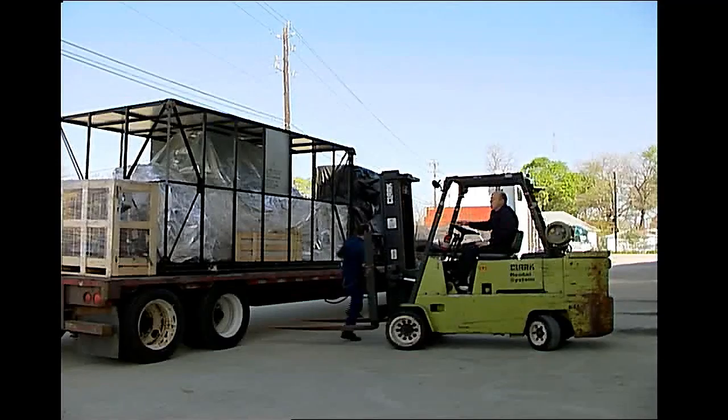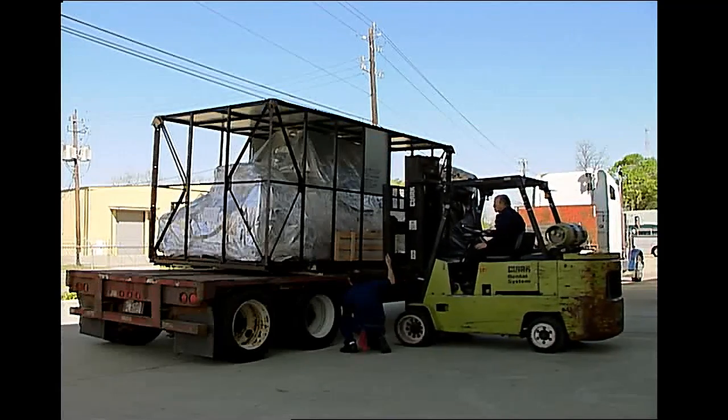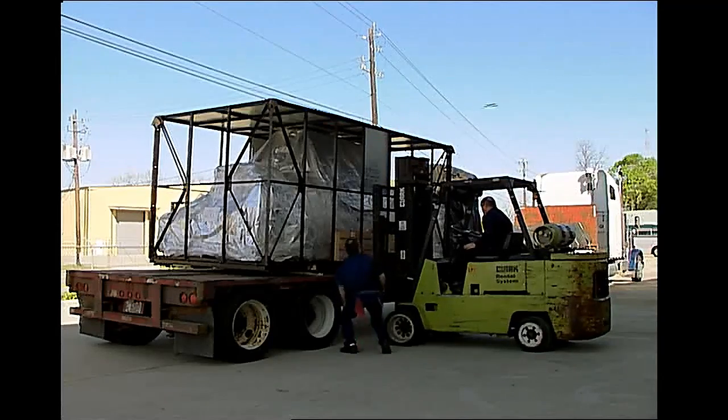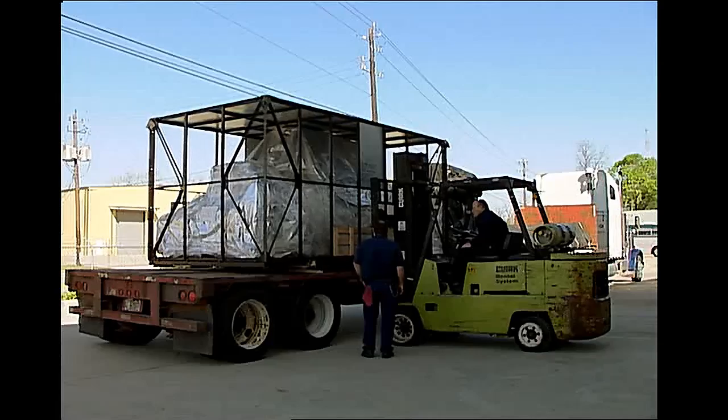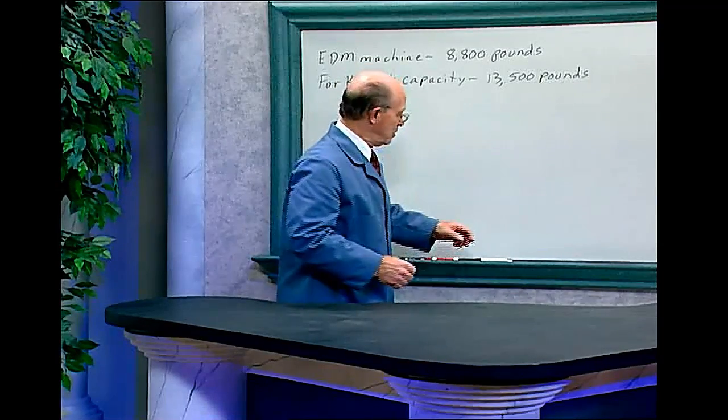Now this machine on this flatbed weighs 8,800 pounds. How much more could this machine weigh that we could remove with this forklift? Let's do the math.